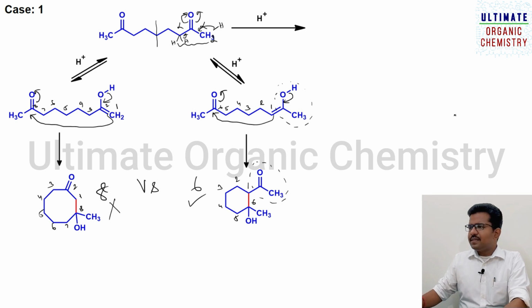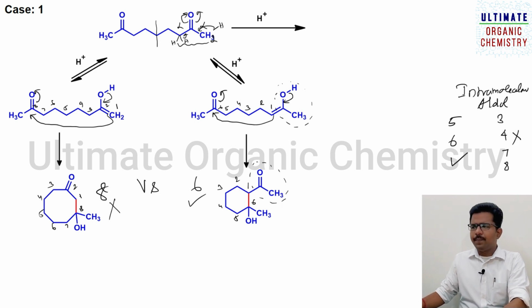For example, in intramolecular aldol condensation, you can remember like this: the formation of 5-member and 6-member rings is very easy, and the formation of 3, 4, 7, 8 is very difficult, very tough. In some cases it is not at all possible actually. So you can say that this product will not form and this product will form.